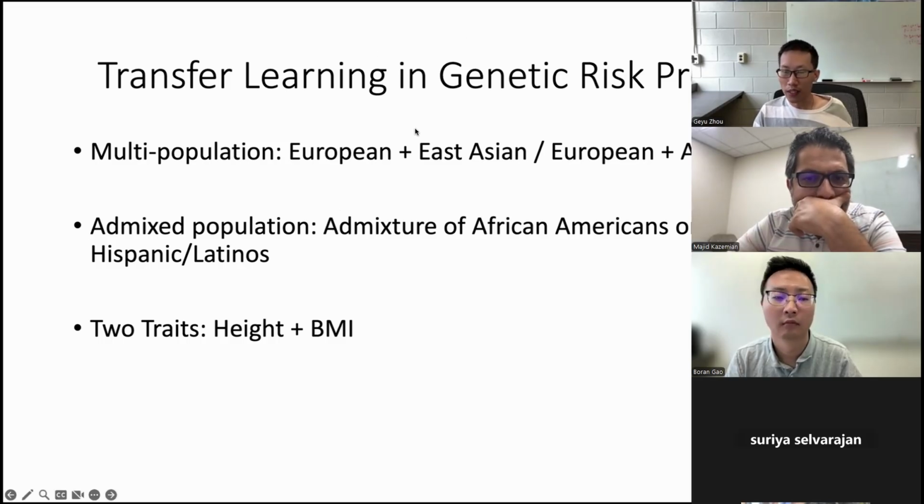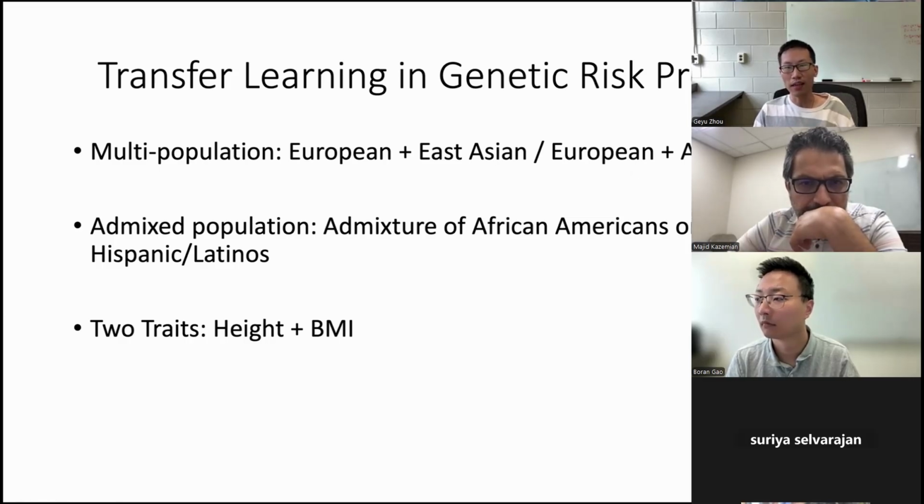One example would be if we have a data set from the European ancestry with a very large sample size, but for the East Asian and African populations, we don't have a large training data set available. Then we can use transfer learning to transfer the prediction model built in the European to the non-European populations.